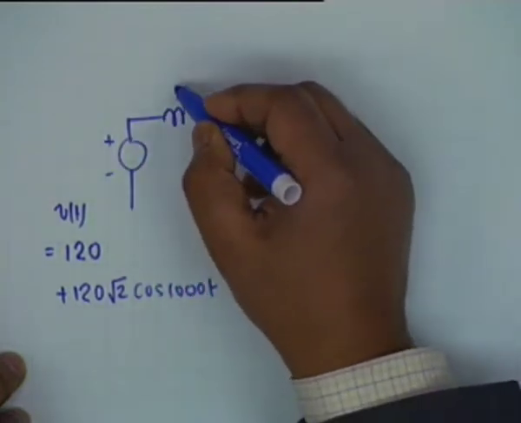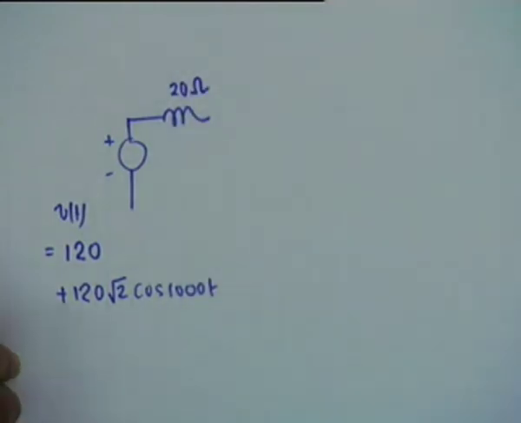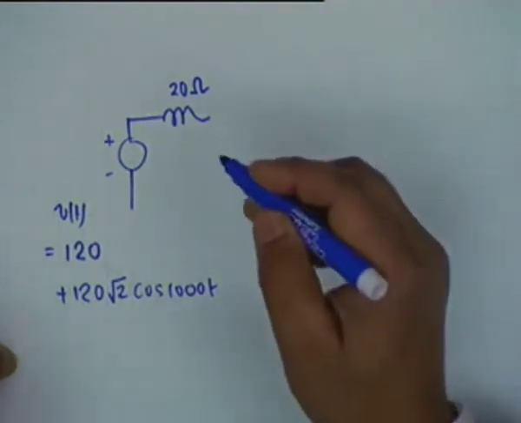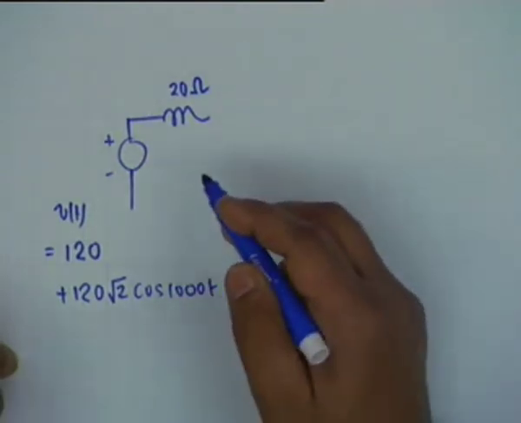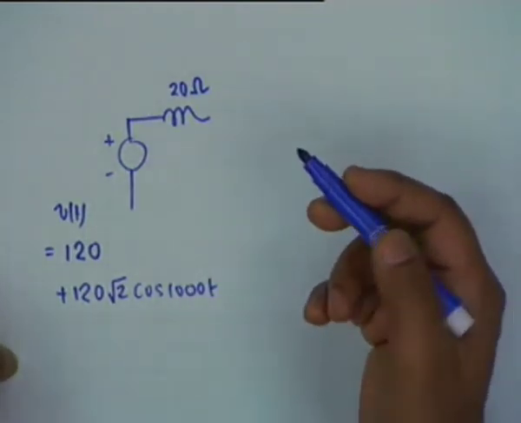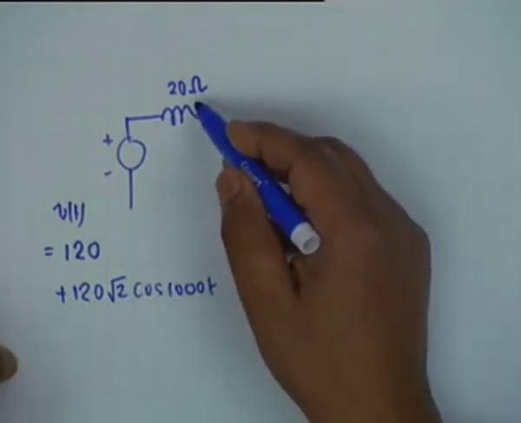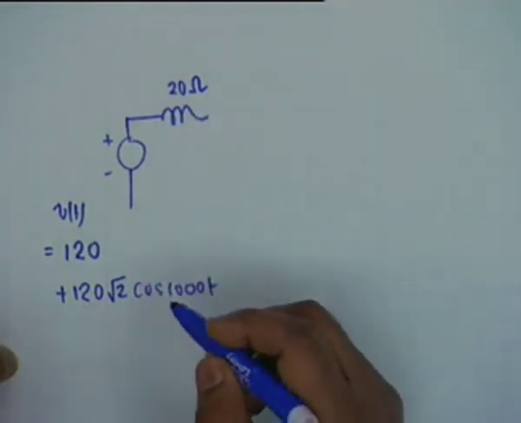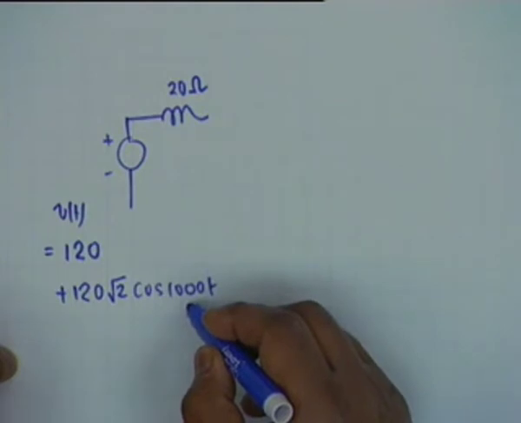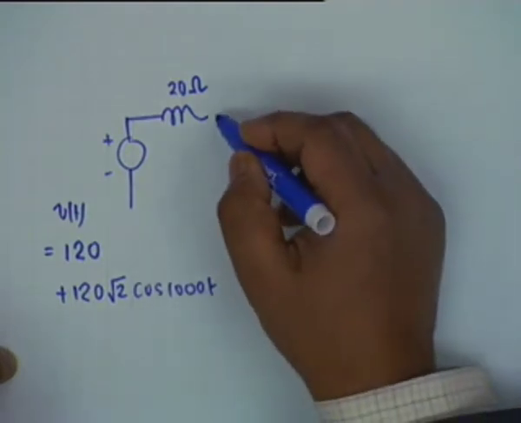And then we have an inductance whose reactance is specified, and therefore its impedance shall be j20, and obviously this impedance is valid only at the given frequency of interest, that is 1000 radians per second.